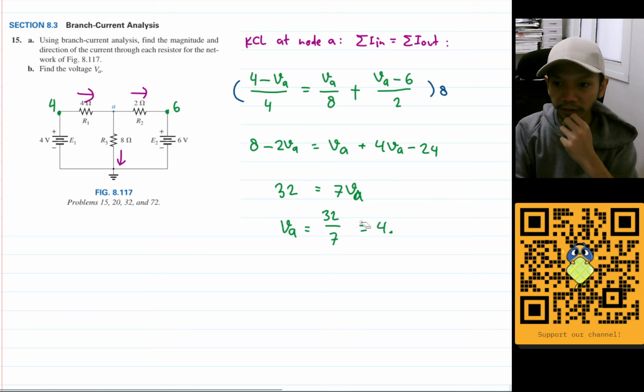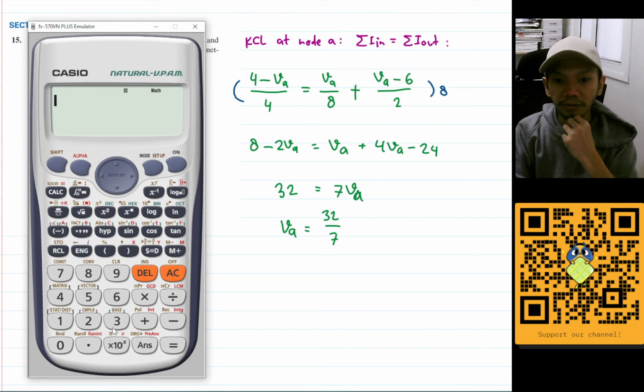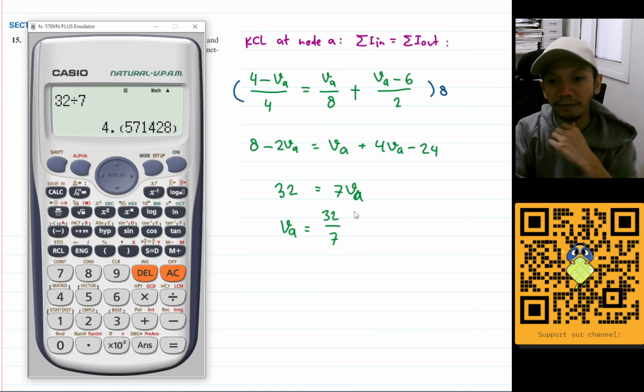Maybe let's just use the calculator. Okay, where is my calculator? There it is. 32 divided by 7 will be 4.571.